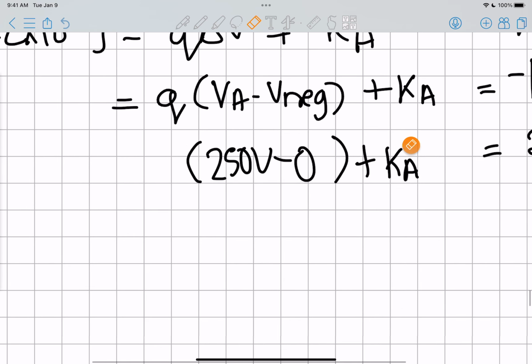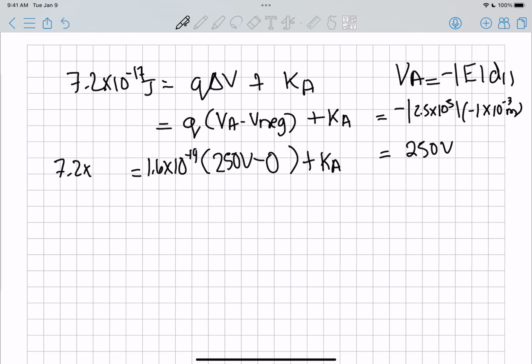This Q is just the charge of the proton, which is 1.6 times 10 to the negative 19. So now it's just a matter of isolating and solving for Ka. If you do that, based on the answer key, Ka should be 3.2 times 10 to the negative 17 joules.